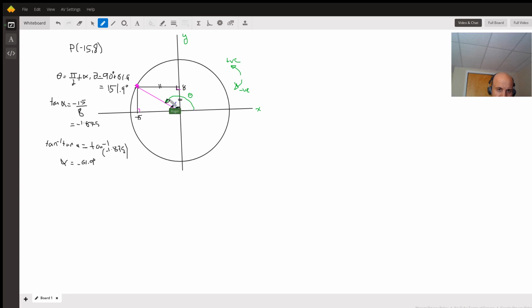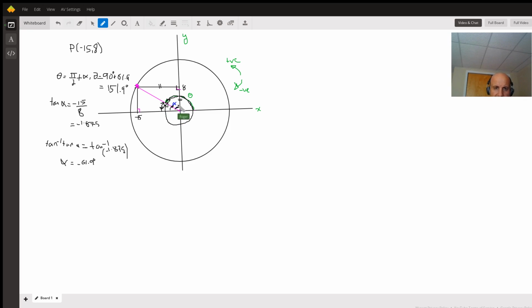Okay, based on this sign convention, moving from point 0 here counterclockwise. Now, if we move clockwise, we're still going to get the same angle, but it's going to be negative. So if we move clockwise, it will be 180 minus this angle plus this angle. So what is this angle now?